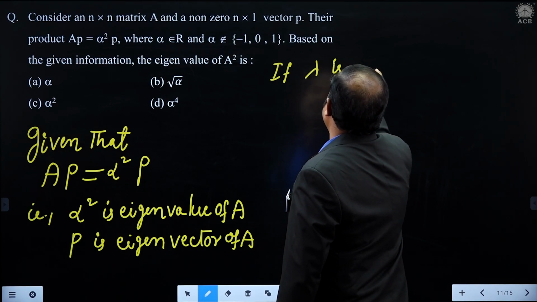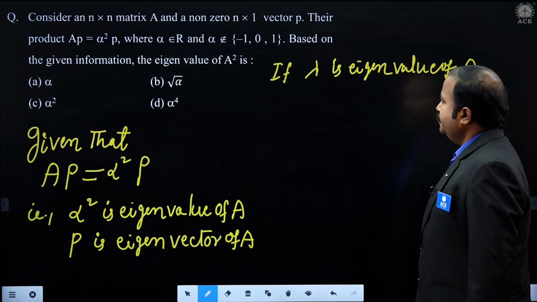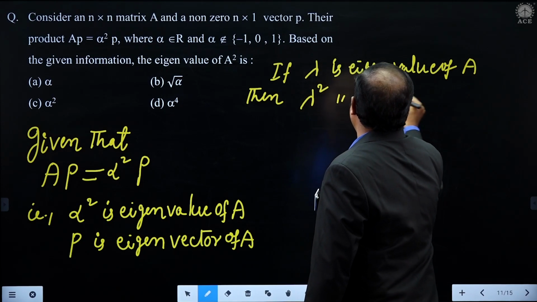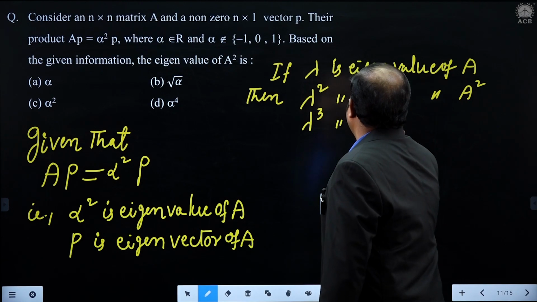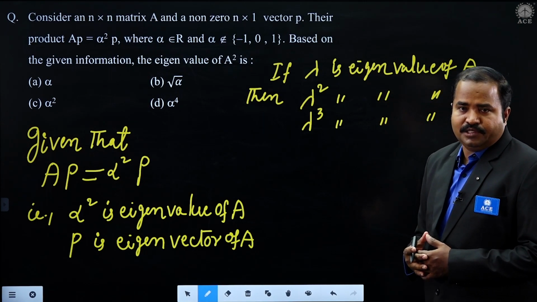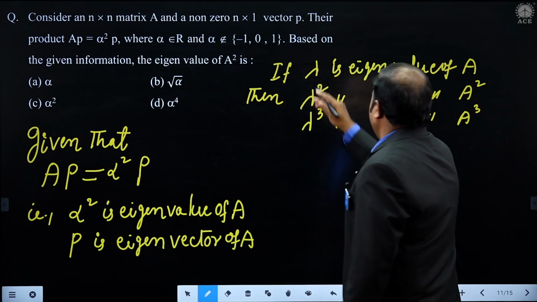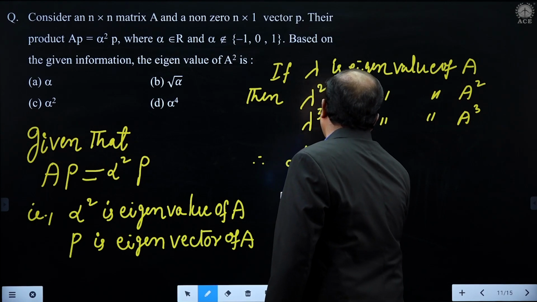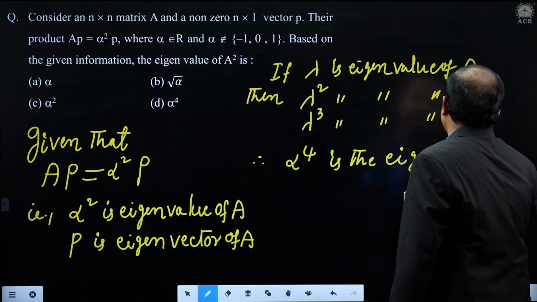If lambda is an eigenvalue of the matrix A, then lambda square is an eigenvalue of matrix A square, lambda cube is an eigenvalue of A cube, etc., and the eigenvector remains the same. So here alpha square is the eigenvalue of A. By this property, therefore, alpha power 4 is the eigenvalue of A square.